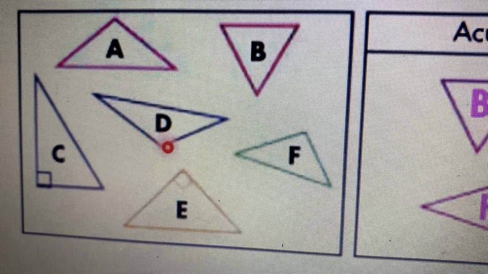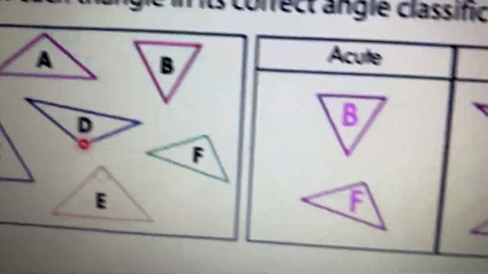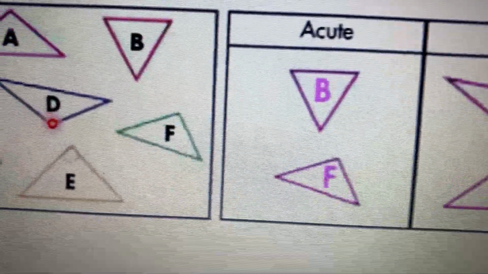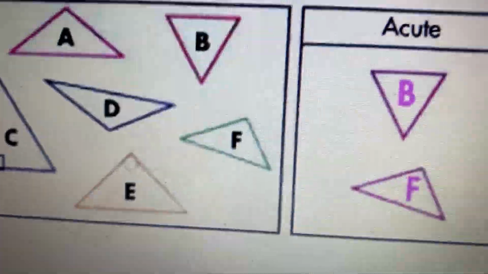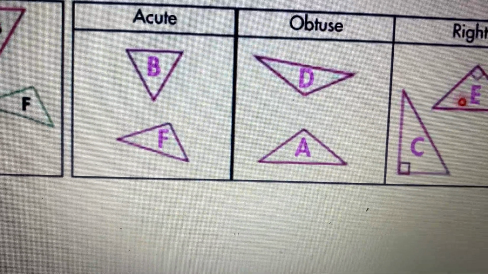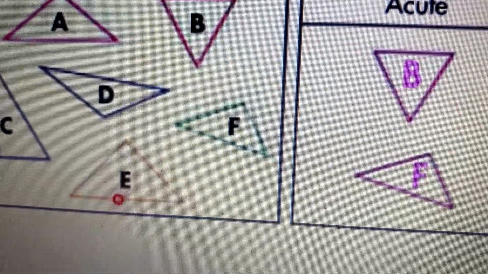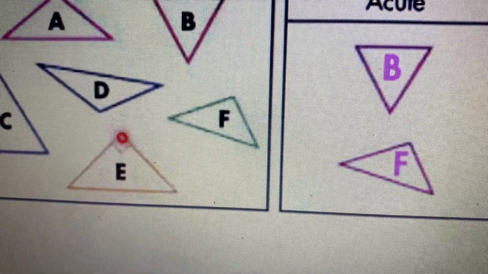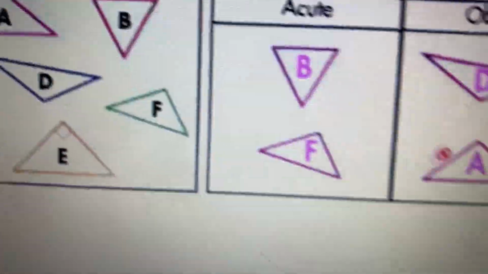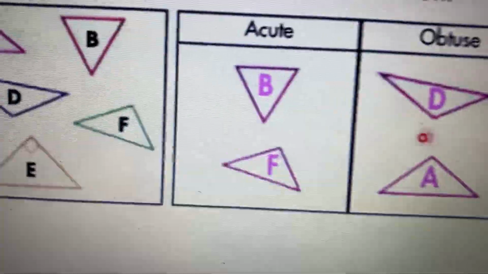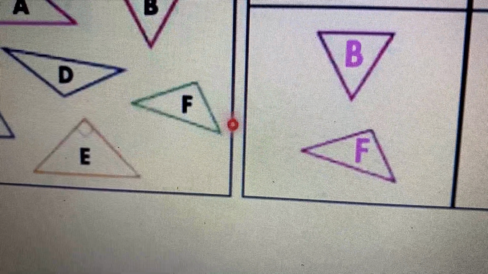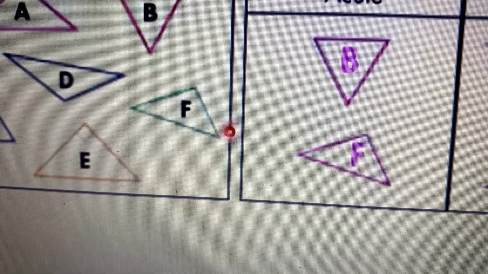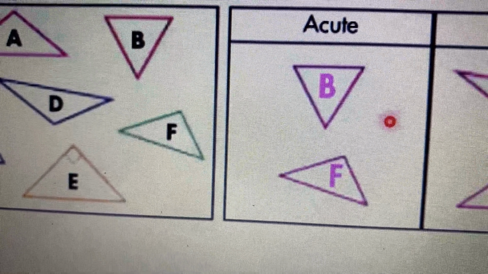D, this angle is obtuse, so I'm going to put it under obtuse. In C, this angle is a right angle, so I'm going to place it under the right triangles. E, I can see this angle is right, so I'm going to place it under the right angles. And F, I can't see any of the angles obtuse or right, so it is under the acute.